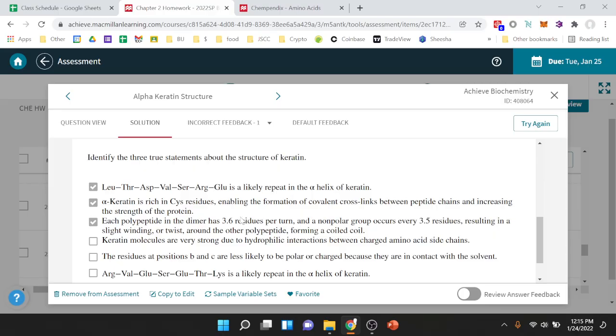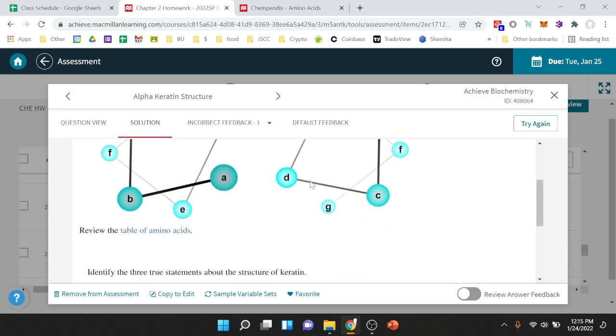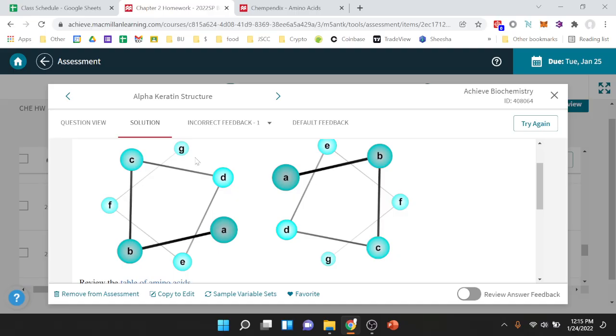Okay. Each polypeptide in the dimer has 3.6 residues per turn. Okay, well, let's see. What is a turn? 1, 2, 3. Not quite a full one there, is it? Because this goes a bit further than this. So that's a bit more than a full turn, isn't it? Okay, that makes sense. 1, 2, 3.